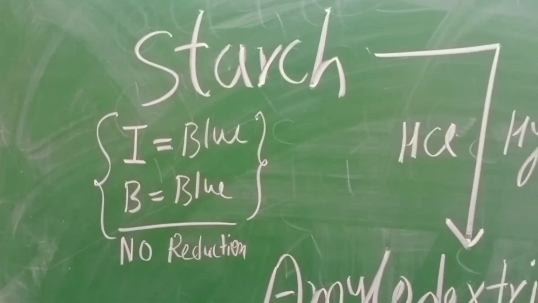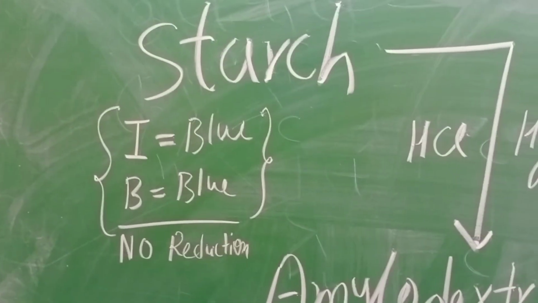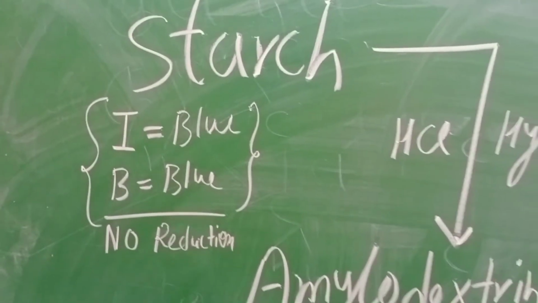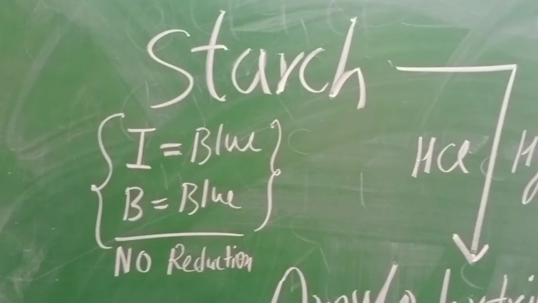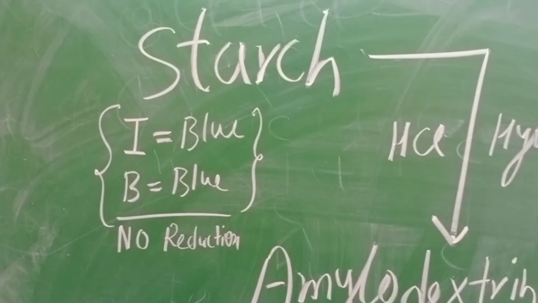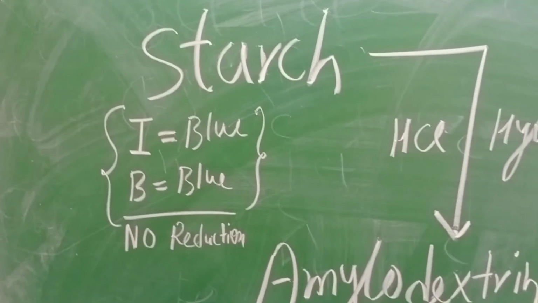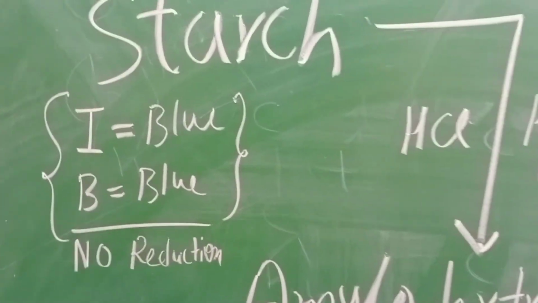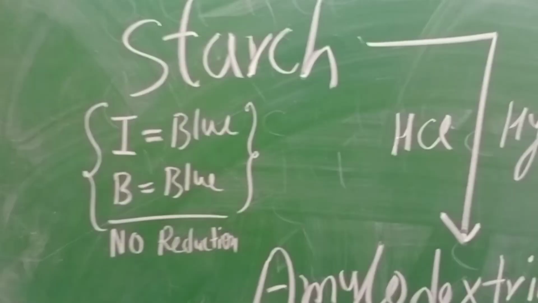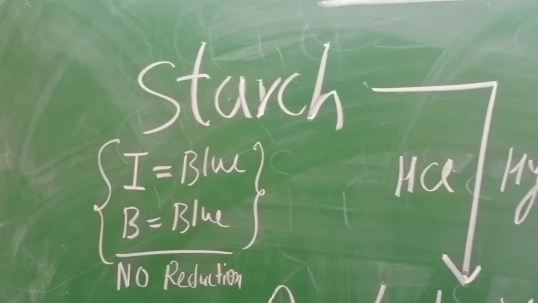However, when we use the Benedict solution for identification of the starch, there is no change in the color, and the Benedict solution remains in its original color. We can say that here the starch is in unreduced form. There is no reaction initiated, as the product is in its original initial form.